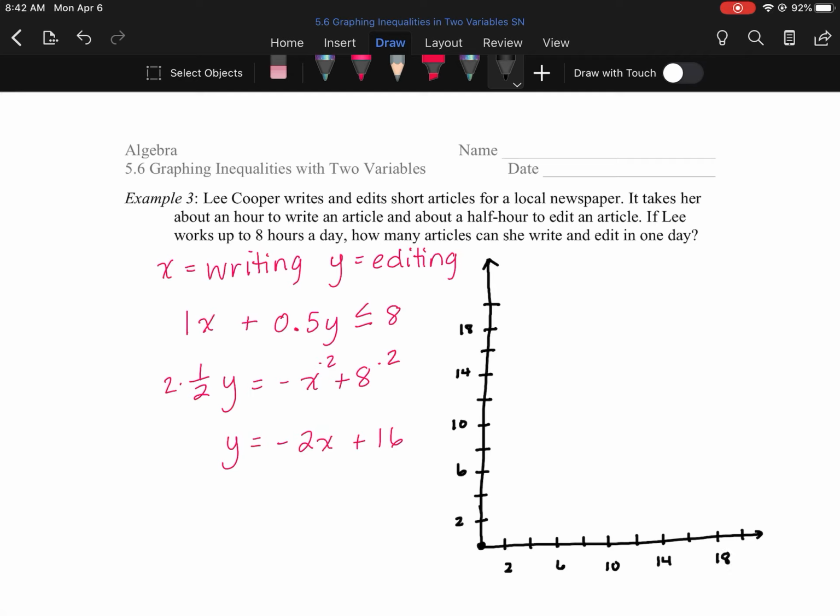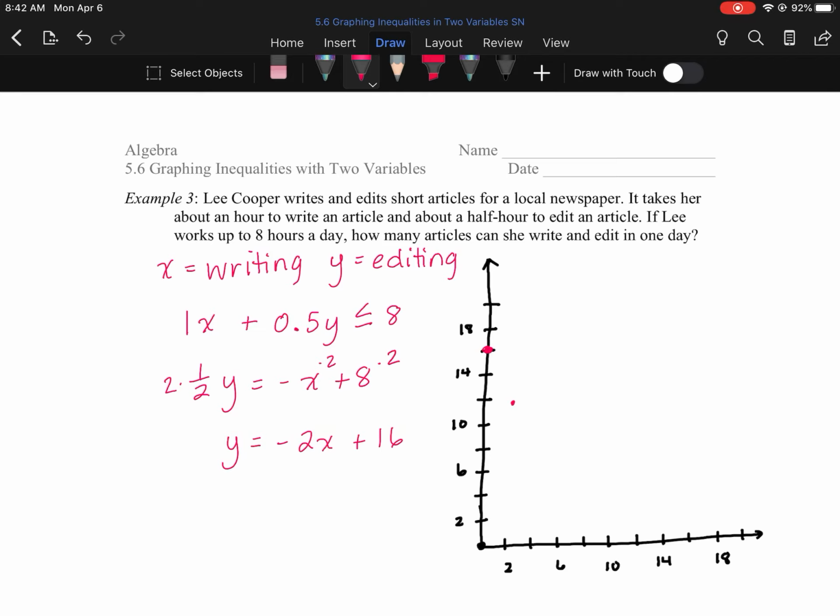All right, I'll label some here. All right, so now let's graph this. Y-intercept is 16. Oh, thank goodness, I do have enough. So y equals 16. Now this one's going to be a little bit trickier to count down 2 and over 1, but we can do it.